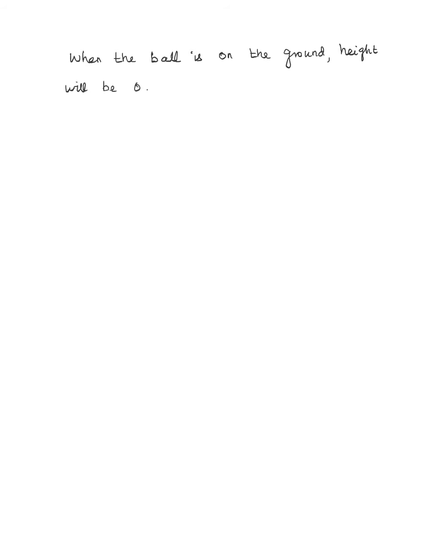That means we have to set s of t equal to 0. That gives us negative 16t squared plus 80t plus 96 equal to 0.